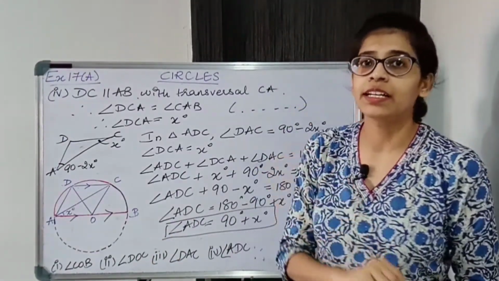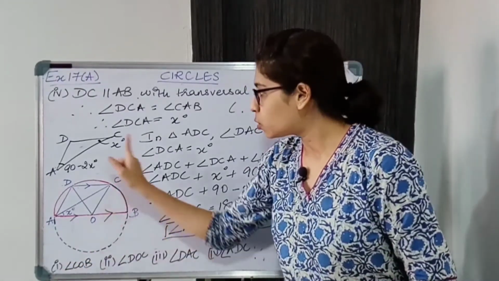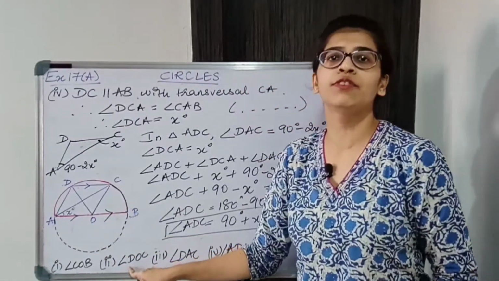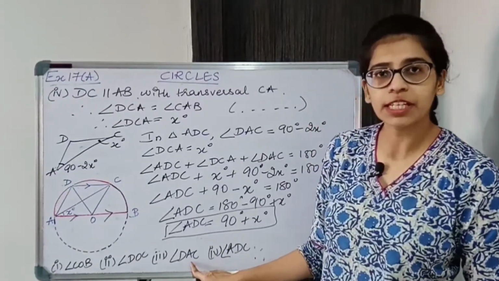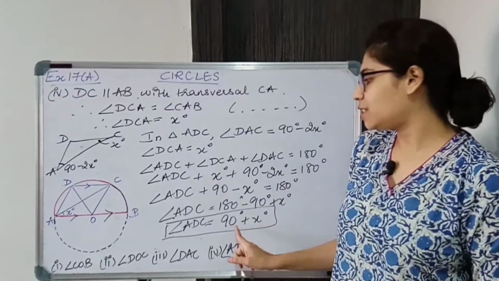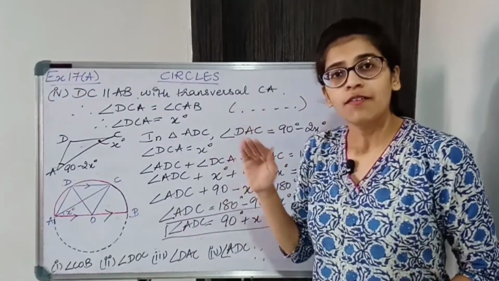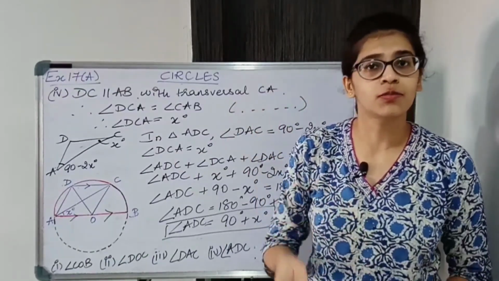Students, you have to write down after this. Angle COB is equal to twice x. Angle DOC we found 180 minus 4x. Angle DAC is 90 minus 2x. And angle ADC is 90 plus x. So please write down the final answer. Write down all the four angles and their measures in terms of x.